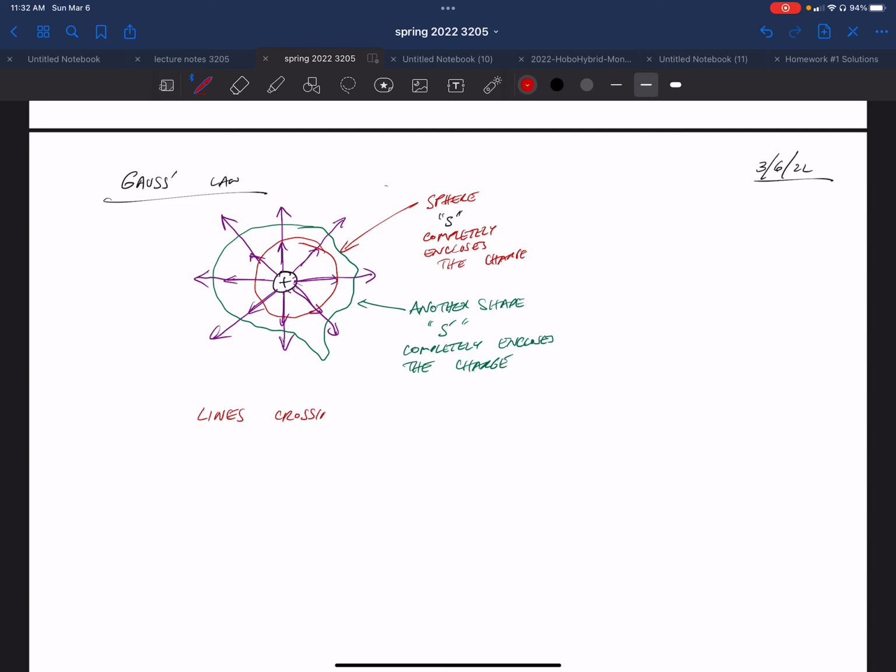So what we can say is that the lines crossing S, our sphere, is equal to the lines crossing S prime.